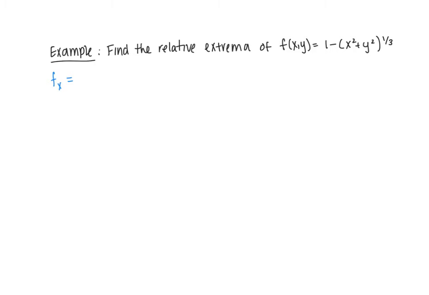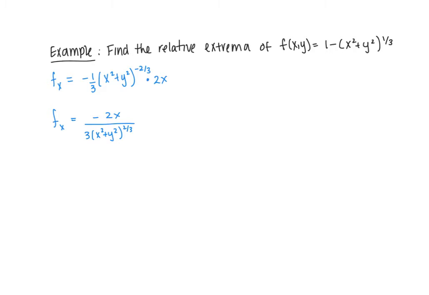So the derivative of the outside is negative 1/3 times x squared plus y squared to the negative 2/3, times the derivative of the inside with respect to x, which is 2x. So now, if I simplify this a little bit, I have negative 2x on the top over 3 times x squared plus y squared to the 2/3 on the bottom.